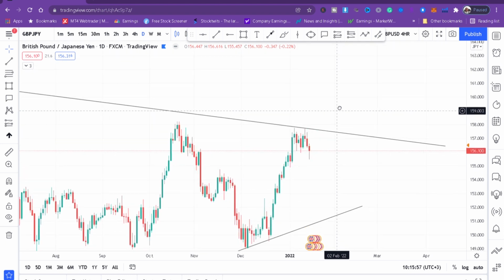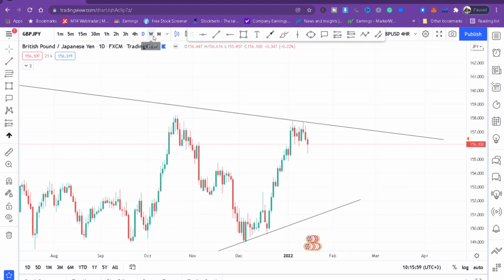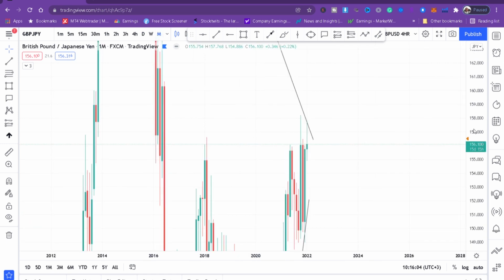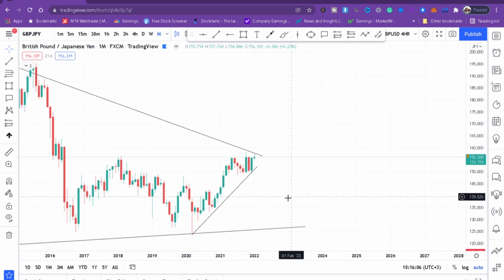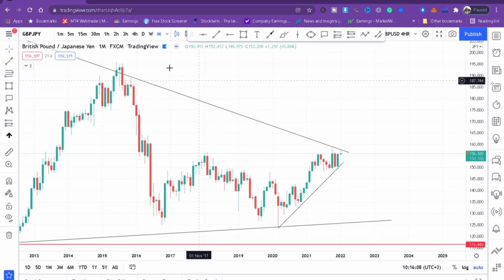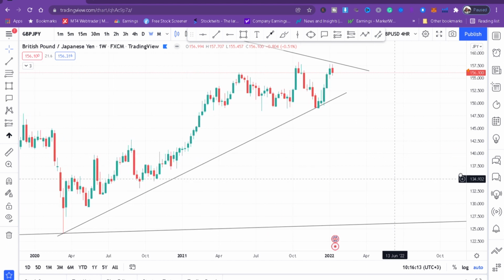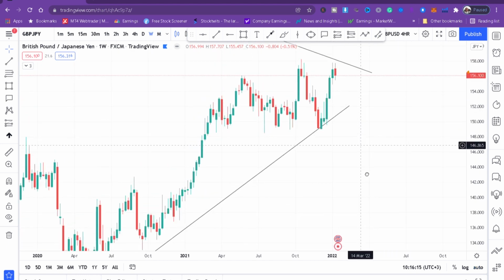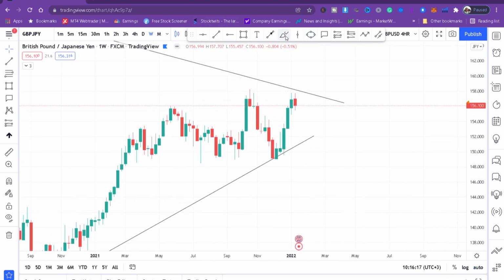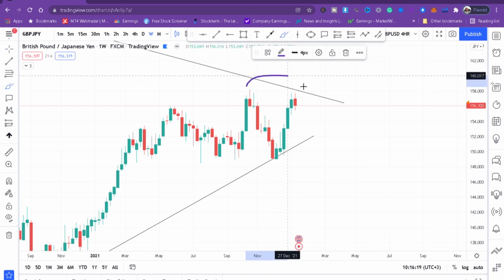So for me, we can try to see from monthly, can we spot any pattern? Can we spot any pattern in the market? So monthly, I don't see any pattern. Weekly, I can see a pattern that is trying to be formed, and this is a double top. You can see here we have like a double top.